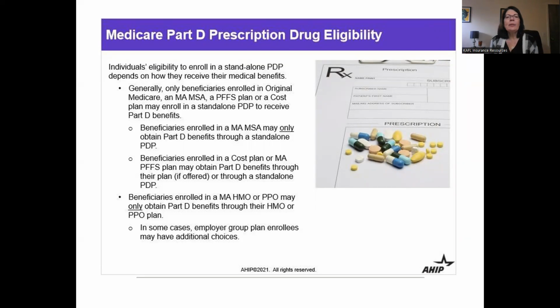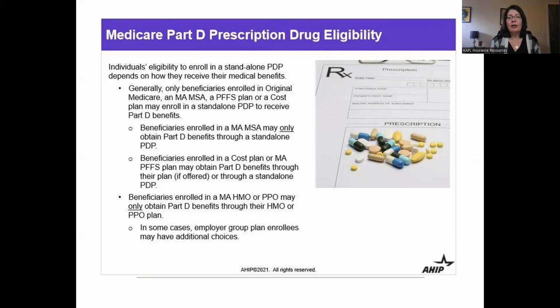So if somebody is eligible to enroll in a drug plan, that'll depend on how they receive their medical benefits. Only people enrolled in original Medicare, a Medicare supplement plan, and these other plans, the MSA, PFFS, or cost plan, can enroll in a standalone drug plan. We'll see that a lot with people that have med sups.